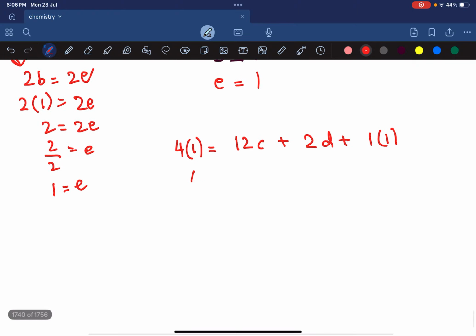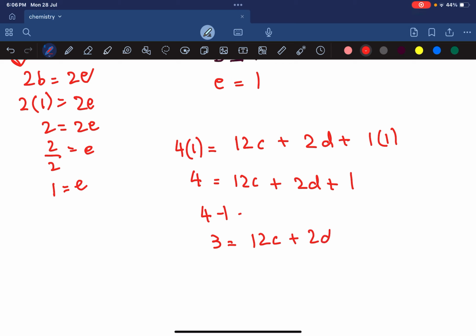So 4 equals 12C plus 2D plus 1. 1 goes on that side, it becomes 4 minus 1, which becomes 3. So 3 equals 12C plus 2D.